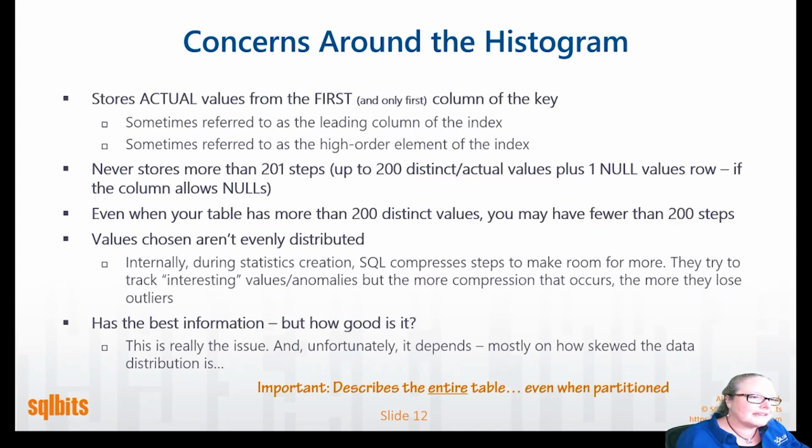So unfortunately, even though they have made some changes to optimize the process of updating statistics, the actual statistic that's used is sometimes not as optimal, even though they've optimized the process of getting the information.